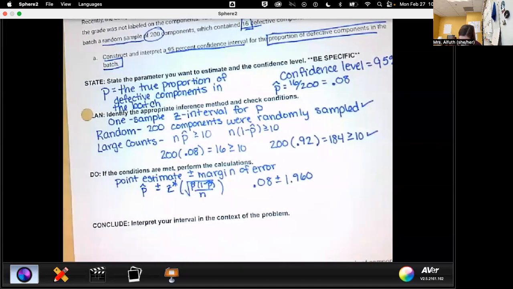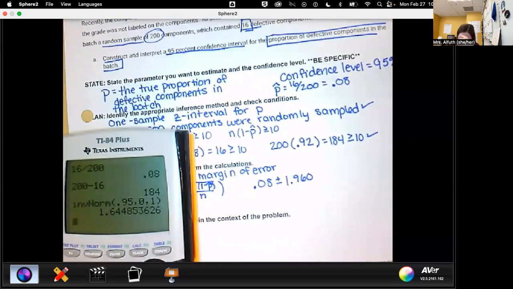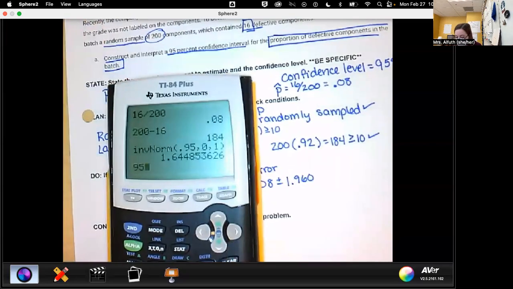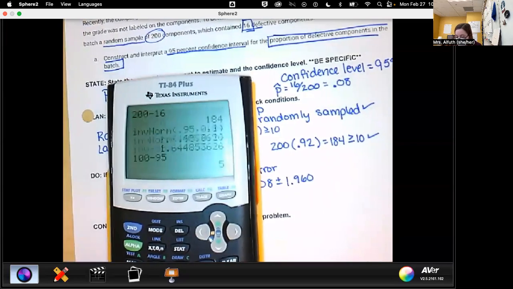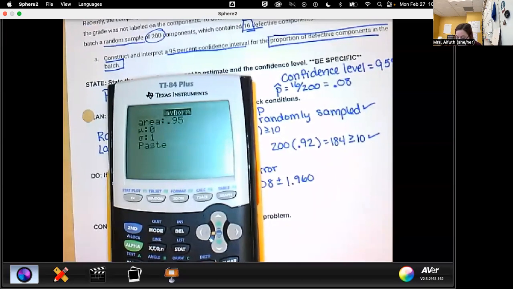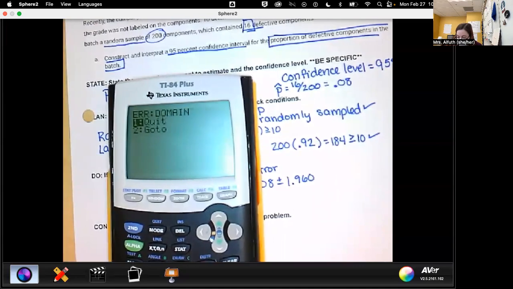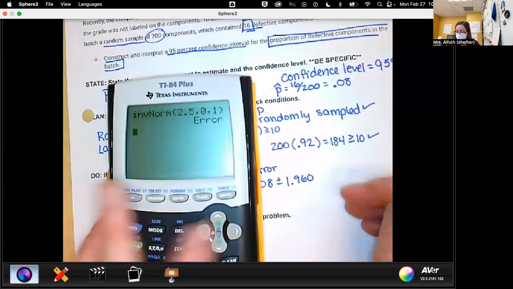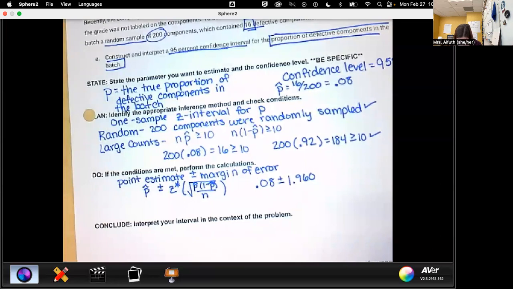So if it's 95%, then I have, let's see, 95, sorry, my brain is not working today. 100 minus 95 divided by 2. So I have 2.5. Inverse norm 2.5. Lovely. I will take a look at that and figure that out again. I apologize. It's probably supposed to be 0.025.